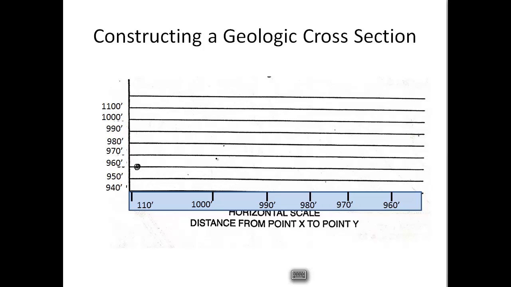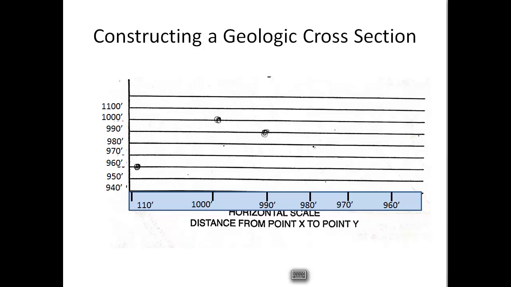Then at our first place where the granite disappeared, that was at 1,000 feet. Then we hit granite at well A at 10 feet down, so we'll be at 990 feet.